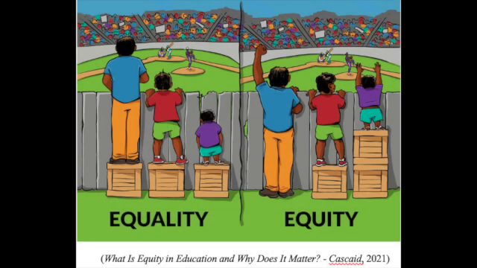Equity in education. Currently within the United States, the goal of public education is to provide equal access to education to all students. Equalizing opportunity for every child in America by providing a free education is also a main purpose of public schools in the United States.